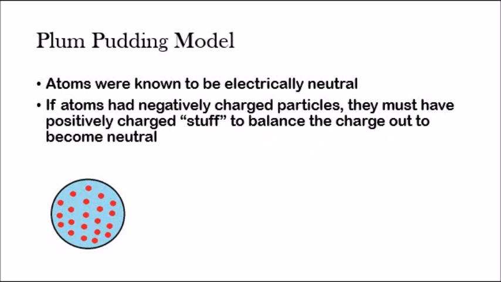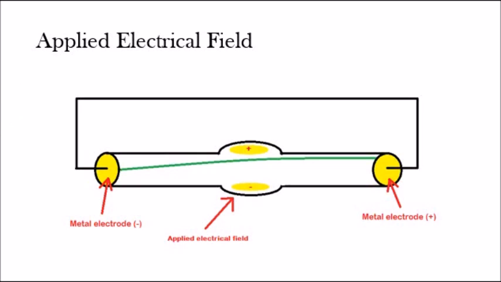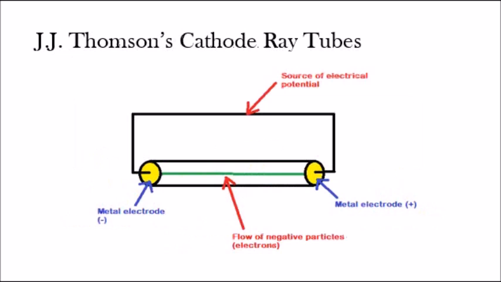He thought that the reason elements are different is that their atoms have different numbers of electrons. For a while scientists believed this, and this plum pudding model is completely wrong. However, the discovery of the electron was a very critical part in the idea of the atom, and it helped get to the idea of the atom which we have today.